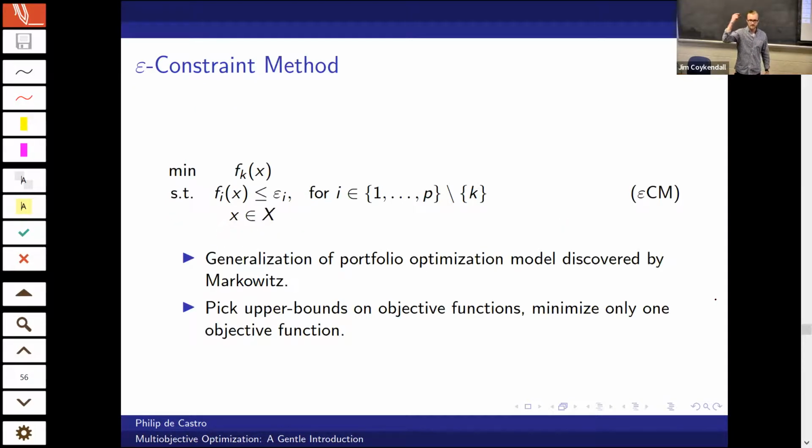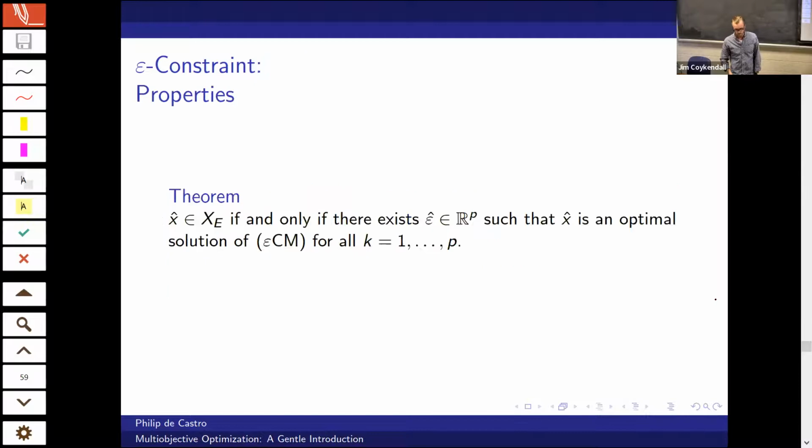K is the index on your objective function. So the idea here is if you can find one epsilon such that if you rotate out which function you're actually minimizing in your objective, and each time you get x hat as the optimal solution, then it's efficient. So that's what that result is saying. And that's a big result. So we should probably prove it, right?